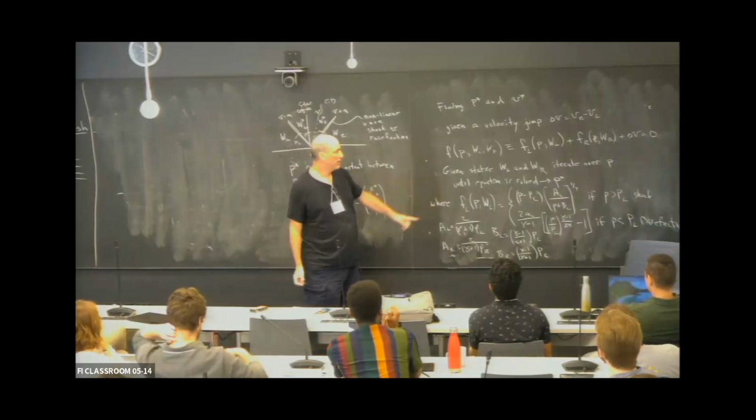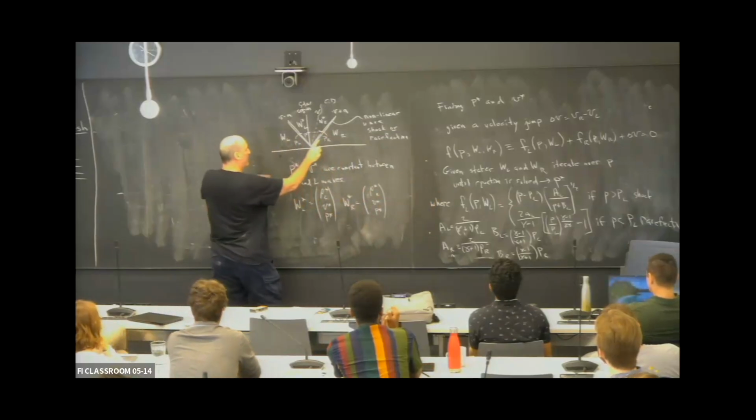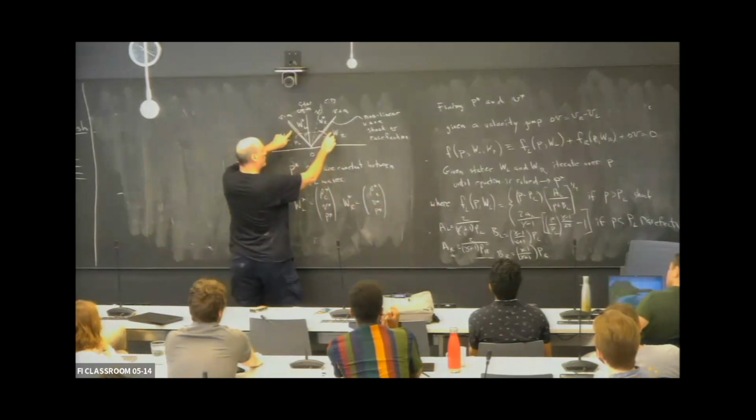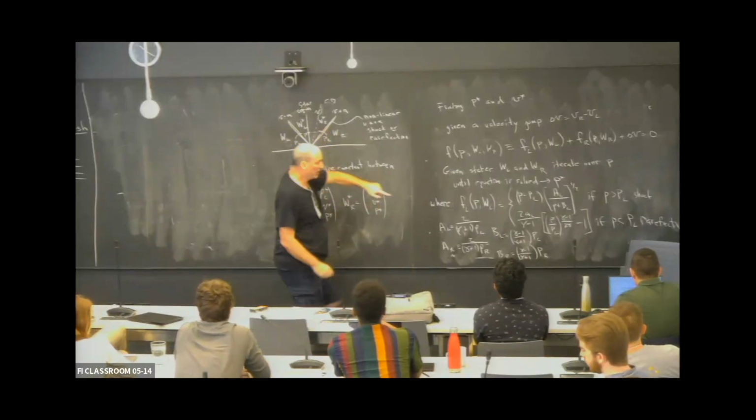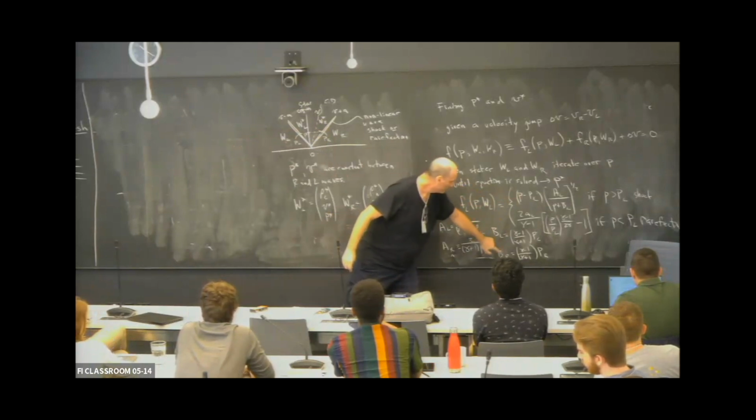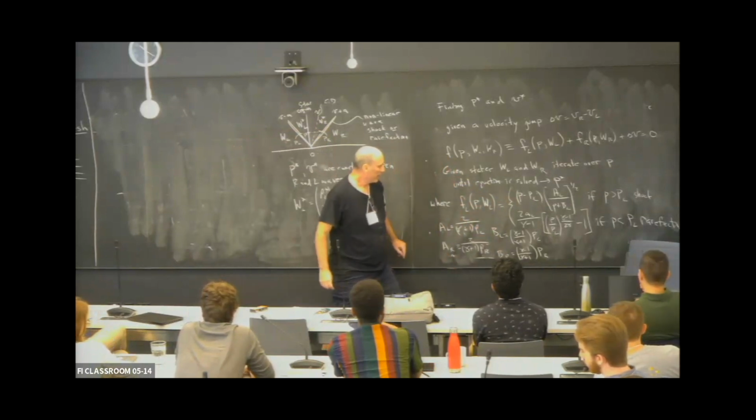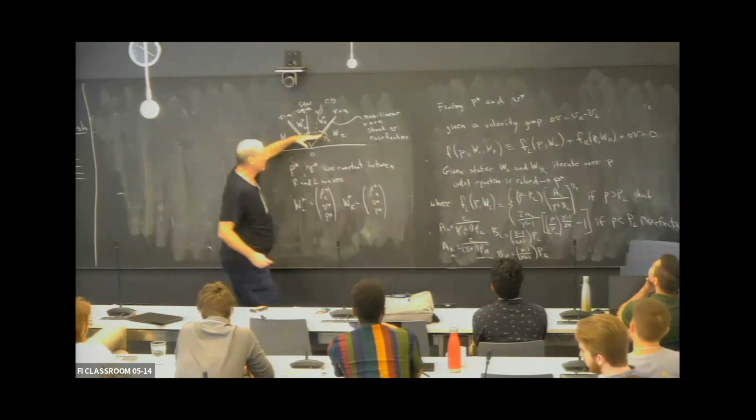Is that clear? So what we're doing is those jumps, these f's, f left and f right, and we're allowing them to vary with p here, and finding this p star.